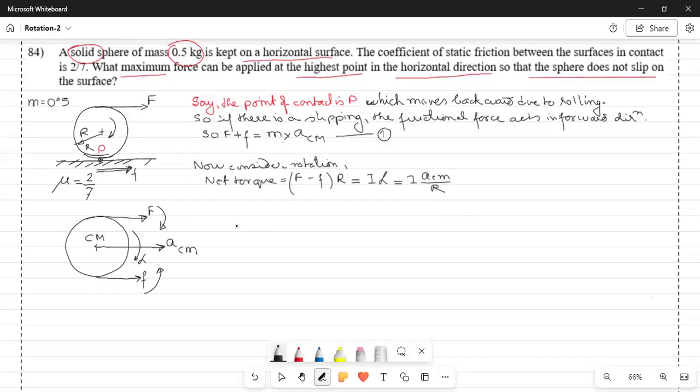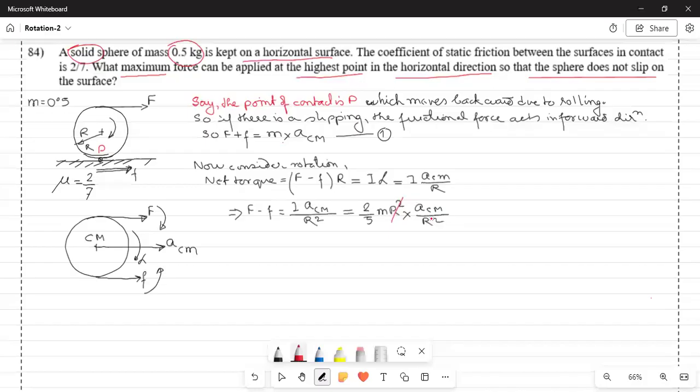So from here we get capital F minus small f is equal to I ACM divided by R square. I is the moment of inertia of the solid sphere, 2 by 5 mr square, multiplied by ACM by R square.